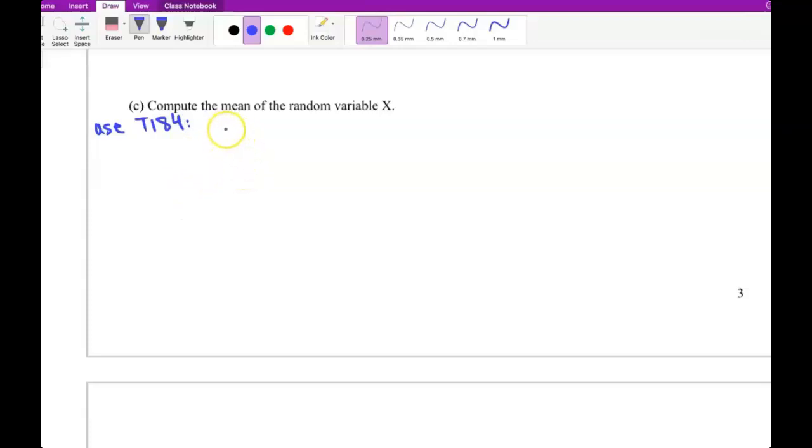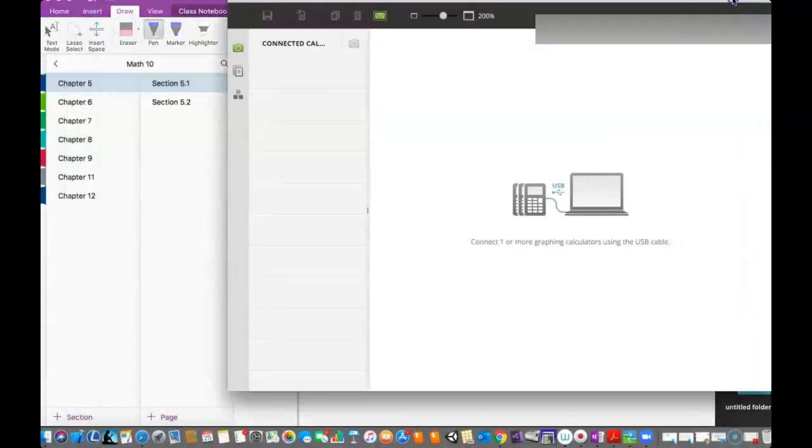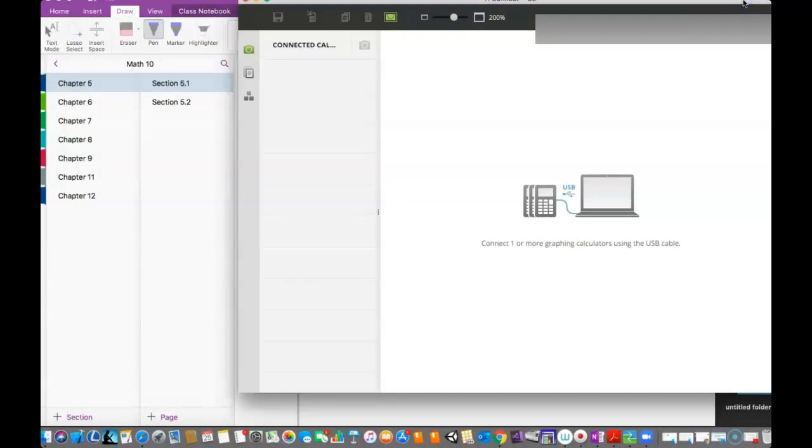So first you need to enter data. So let me show you calculator. I don't have software installed on my PC, but I can take picture of what I have here on my TI calculator.